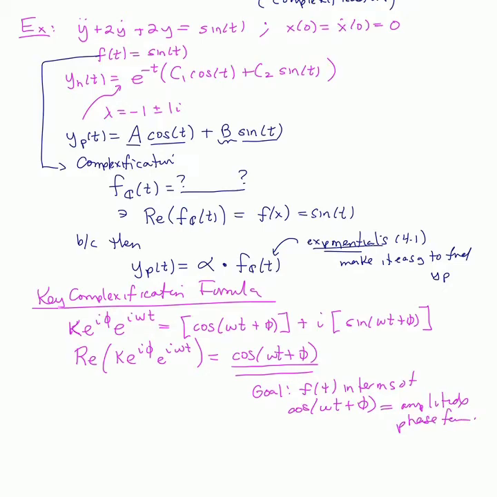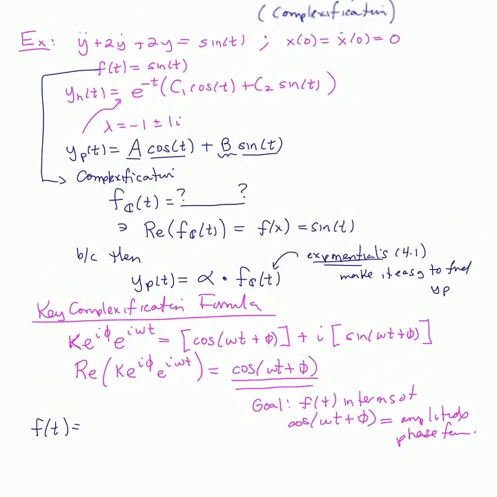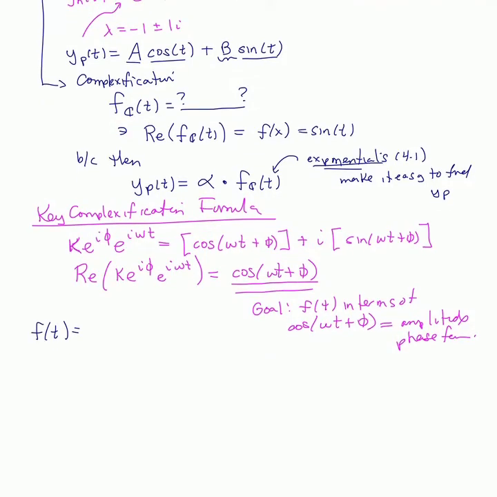So how do we do that? We take the forcing function, which in this case is sine of t. That means it is 0 times cosine of t plus 1 times sine of t.